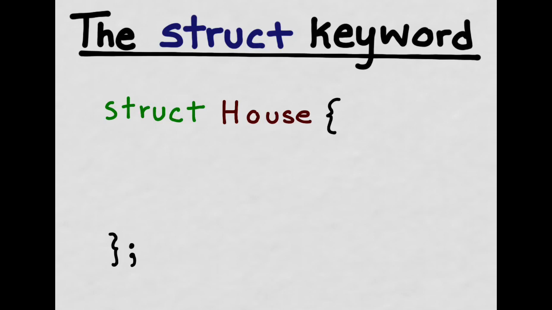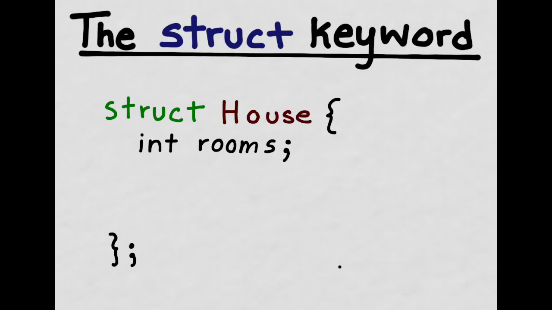Or we could actually keep track of how many rooms there are with an integer, which is a little bit simpler. So let's do that. I'm going to indent a little bit and write int rooms so that we can keep track of how many rooms are in this house, and we need to end this with a semicolon.